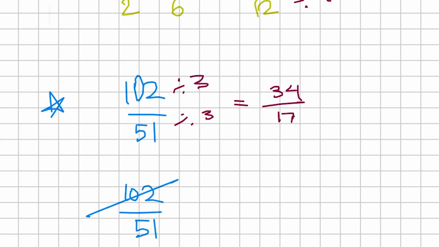So write it like this. 3 3s are 9, remainder is 1. 3 4s are 12, 3 1s are 3, remainder is 2. Write 2 here in the middle. So 21 means 7. So 34 upon 17.